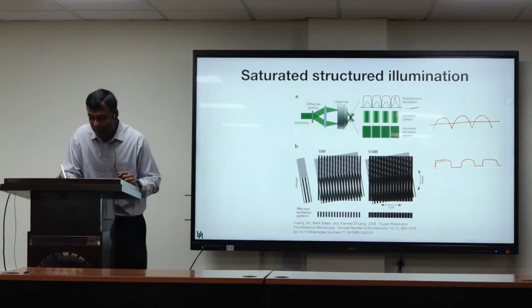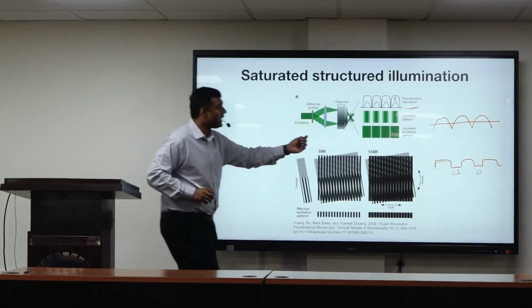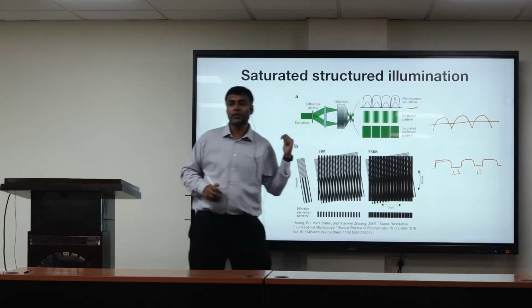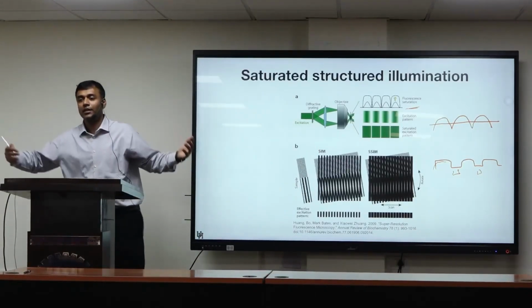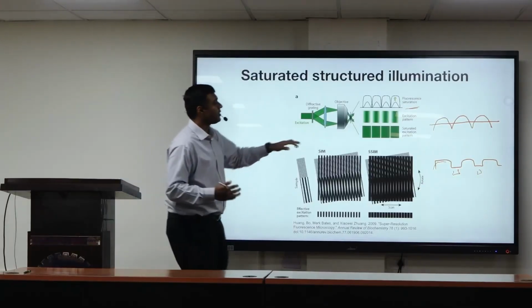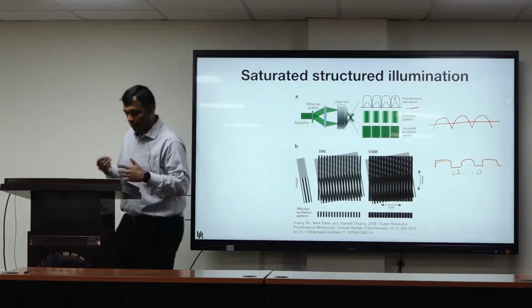So what this means is, by making this narrower and narrower, you can get even finer and finer details. So instead of doubling the resolution, you can triple or quadruple it by using a saturation excitation approach. People have tried this.